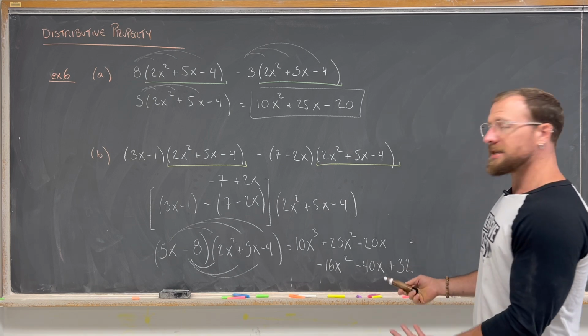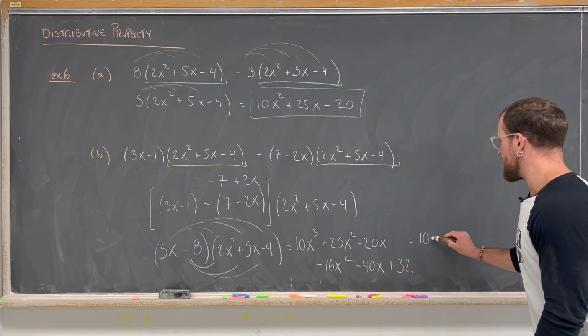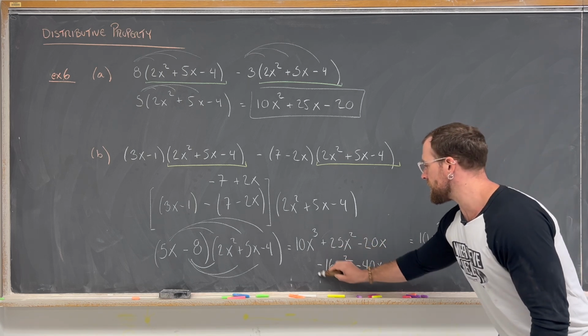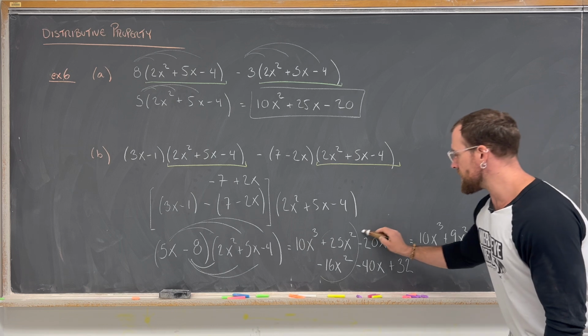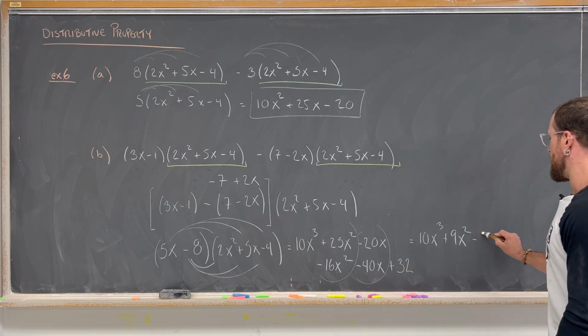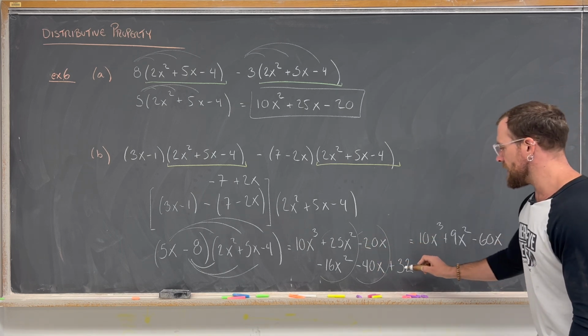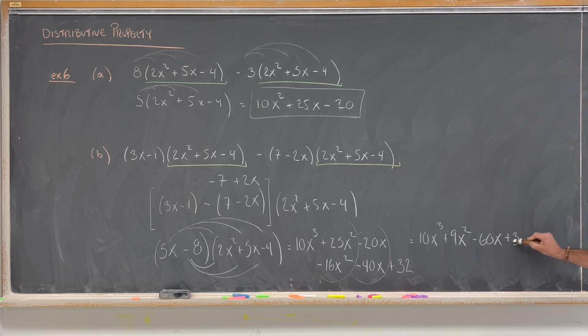Okay, and when I combine my similar terms, I have 10x cubed. These are similar terms. They combine to be 9x squared. These are similar terms. They add up to negative 60x, and then a constant of 32.